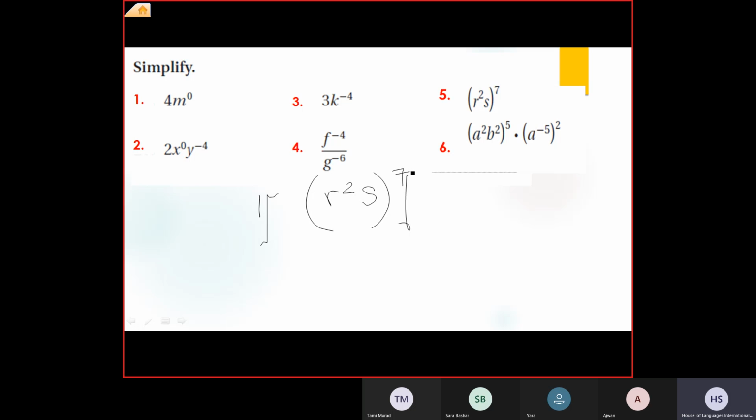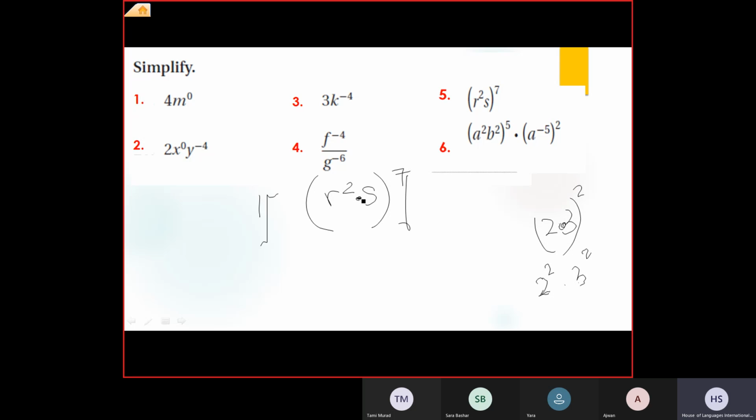If you have 2 times 3 and it's raised to the power 2, which is the same as 2 squared times 3 squared, you distribute the power on the two numbers because they are multiplied. Here we have the same: the first variable is multiplied by the second variable.